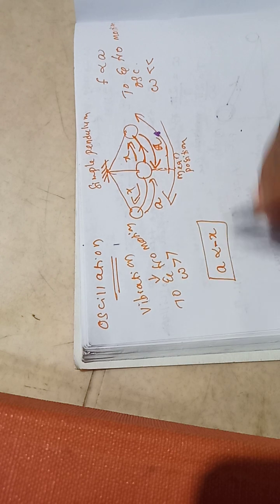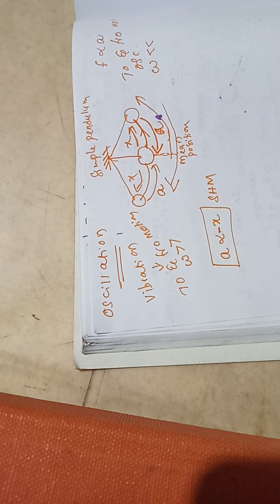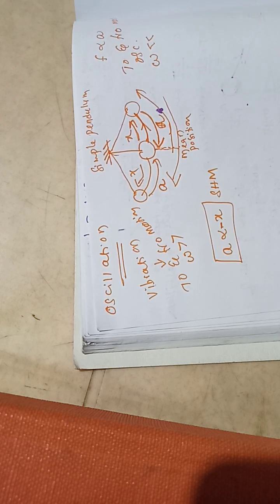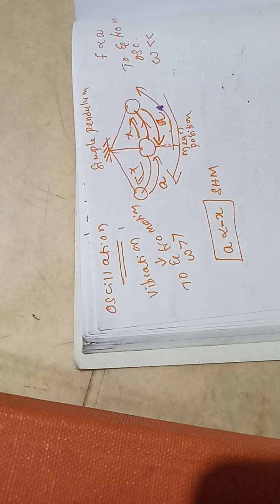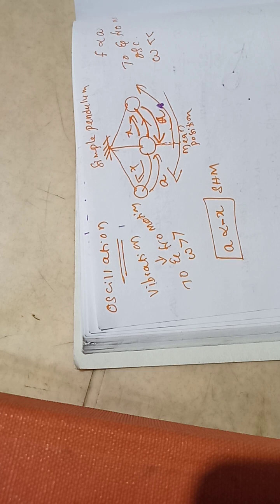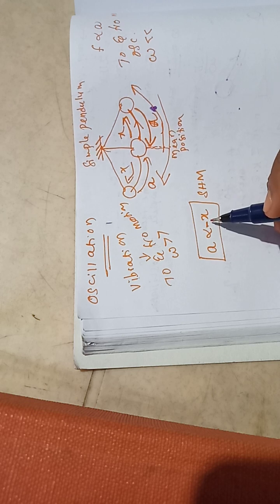This we call simple harmonic motion. So what is simple harmonic motion? A particle performing to and fro motion about the mean position is such that acceleration is directly proportional to the displacement but in the opposite direction.